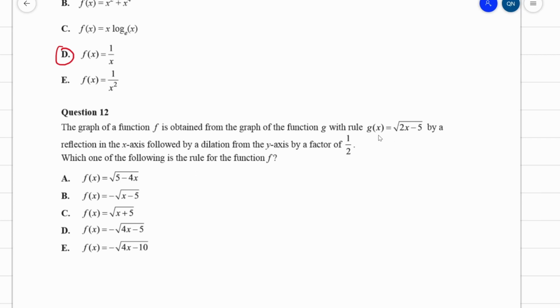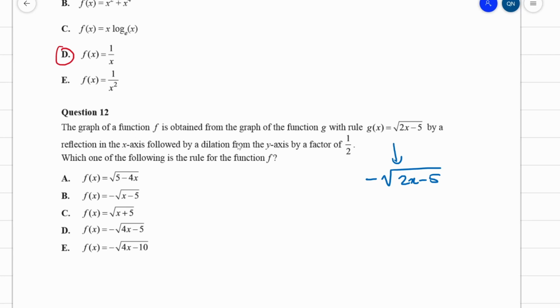So we're going to transform g, if you read it carefully, to obtain a function f. Now, how is g being transformed? Well, the first thing that's happening to g is a reflection in the x-axis. A reflection in the x-axis means you turn y's into negative y's. So you're just going to pick up a negative sign in front of that square root there.